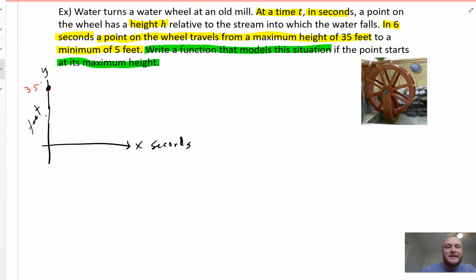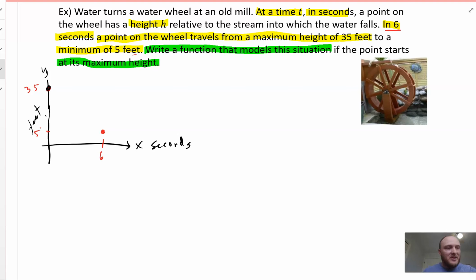They also say that it starts out at a maximum, and then in 6 seconds it goes to its minimum. So at 6 seconds, it's going to go down to its minimum, which is 5. That's the given information that we have right now.